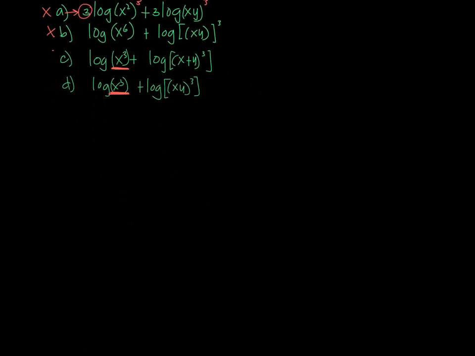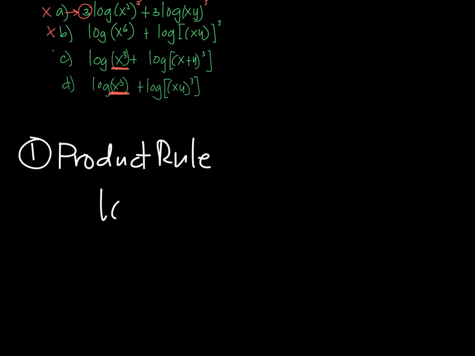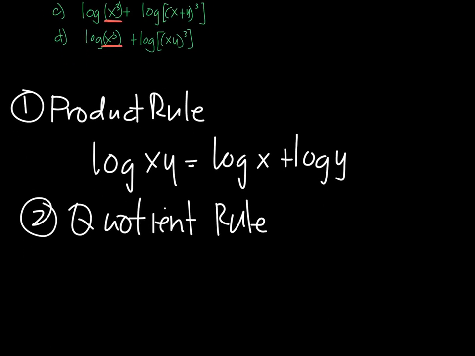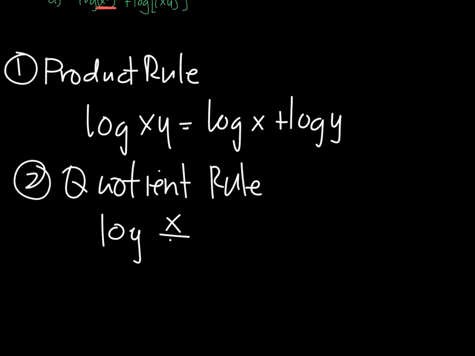Remember that there are 3 main properties of logarithm, or what we call the laws of logarithm. First one is the product rule, that says log of xy is equal to log of x plus log of y. Next is the quotient rule, and that is log of x over y is log of x minus log of y.